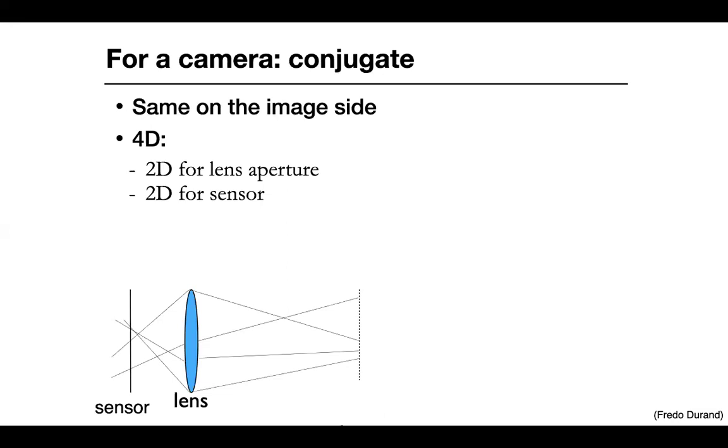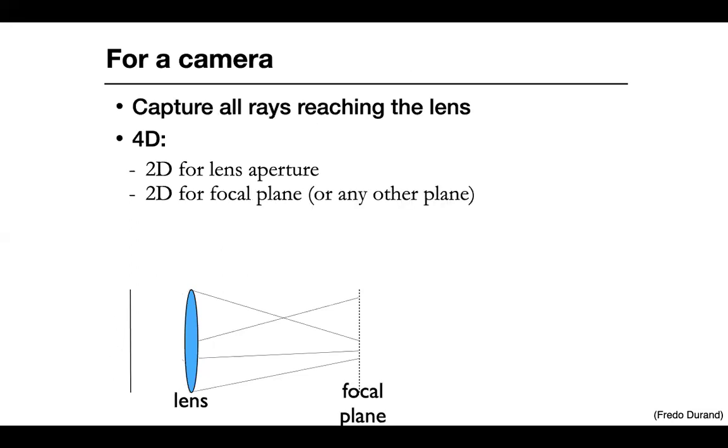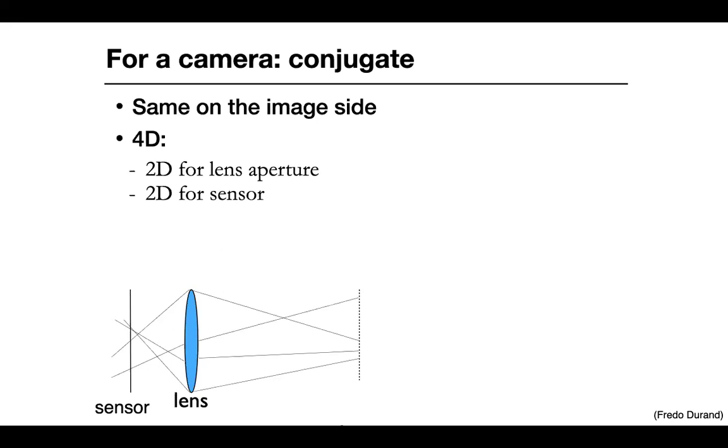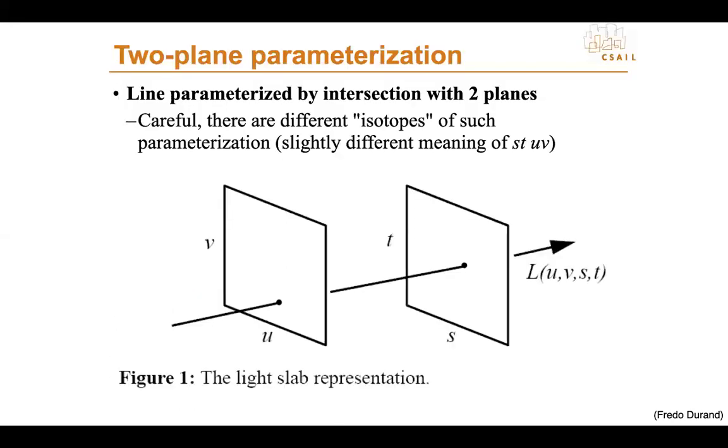And imagining this, we can go and analyze the relation between the sensor and the focal plane, and imagine this parametrization that's called two-plane parametrization, because we have the rays that are related to the aperture, and the rays that are related to the sensor and the image plane, they're the same, right?